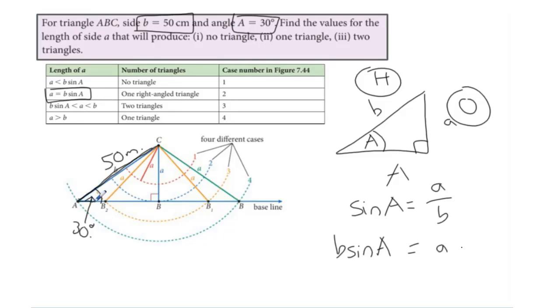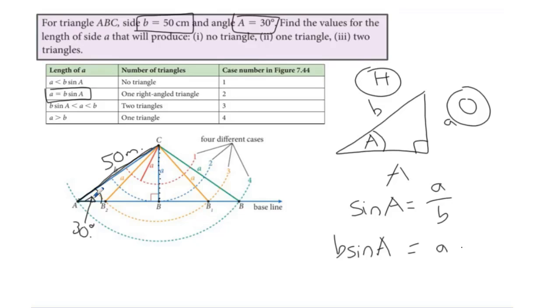The blue line has length B sine A. If A is anything less than that, it's not going to reach the baseline, so it won't finish the triangle, and the angle is no longer 30 degrees. We haven't met the criteria, so you're not going to get a triangle at all.